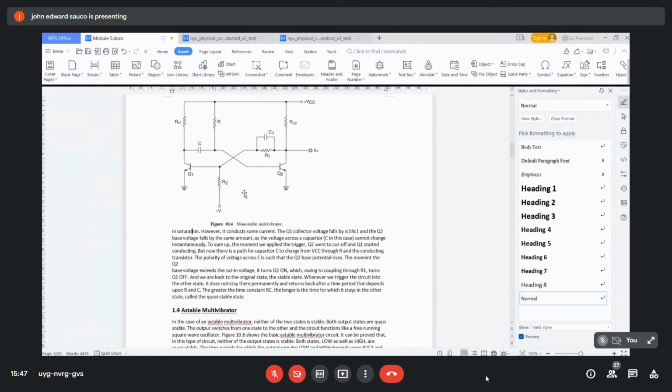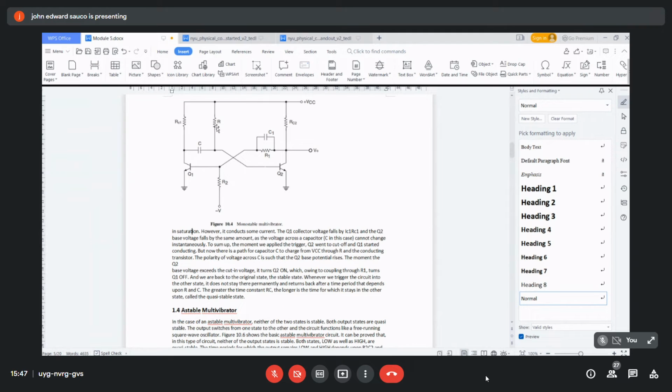So, yun yan. In short, ito is natural na on. Sa una, bigay tayo ng signal. Nag-on ngayon si Q1. So, ngayon, yun ay quasi-stable, yung state na yan, kasi nag-on si Q1.